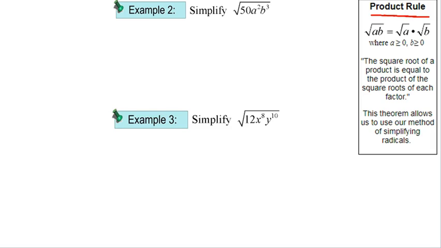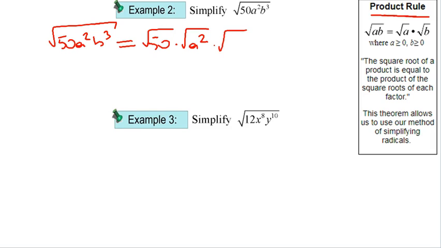Let's apply it to example 2. The square root of 50a squared b cubed is equal to, after we apply the product rule, the square root of 50 times the square root of a squared times the square root of b cubed.